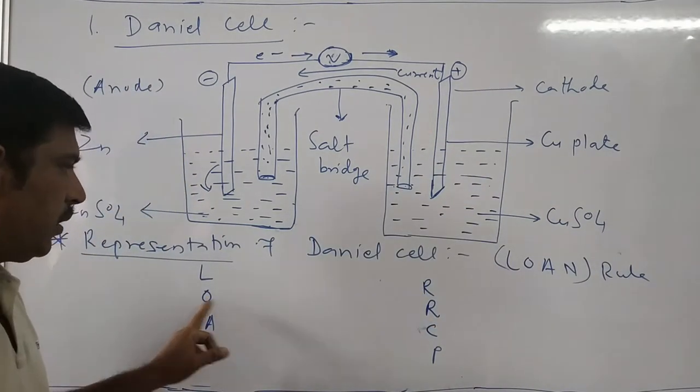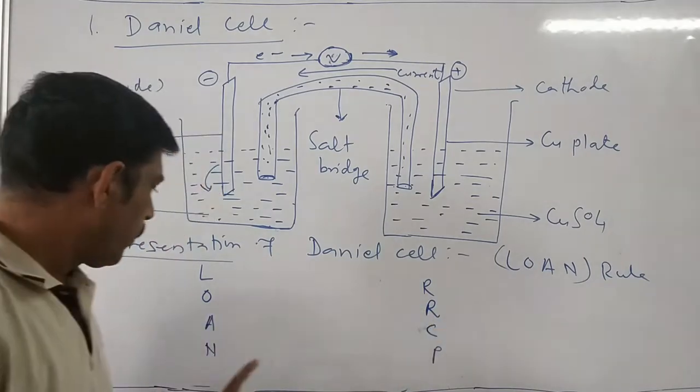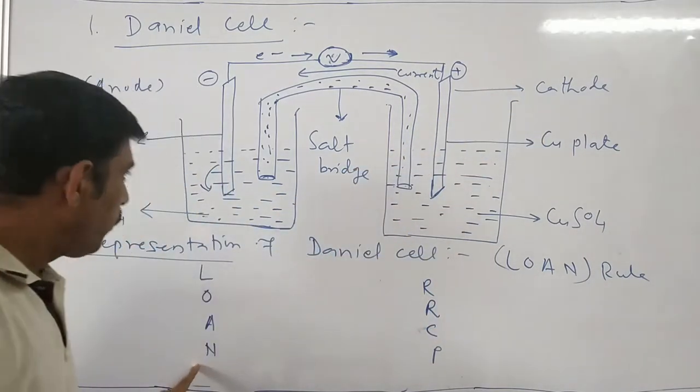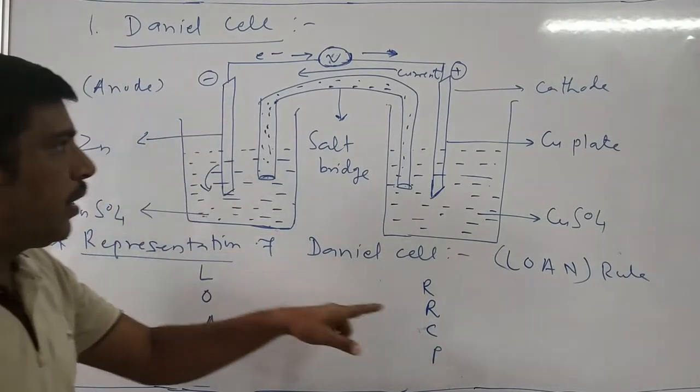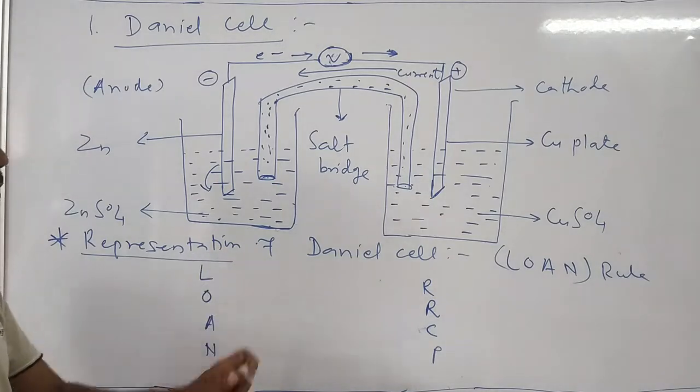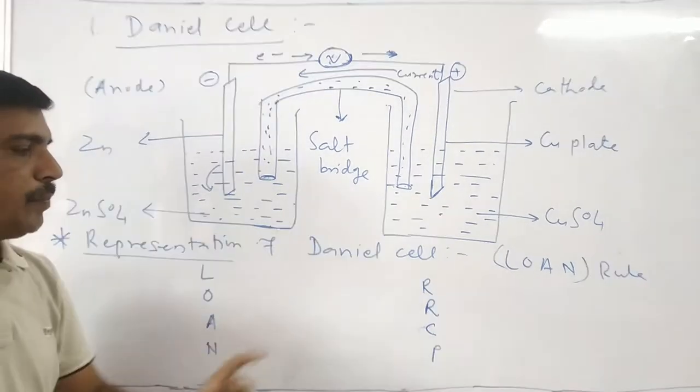O for oxidation, R for reduction. A for anode, C for cathode. N for negative charge electrode and P for positive charge electrode. So you have to remember this point, LOAN and RRCP.